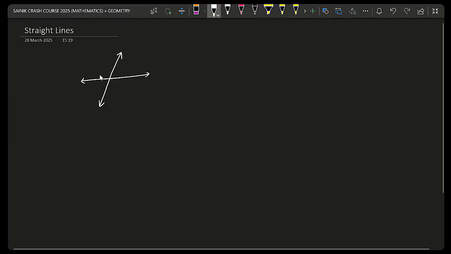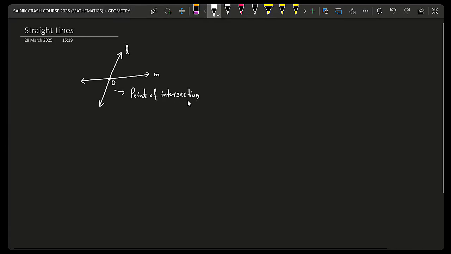You see these two lines, this is line L and this is line M. Line L has infinitely many points, line M has infinitely many points, but these two lines have a common point. That common point is here. If we call it point O, this point O is called the point of intersection.